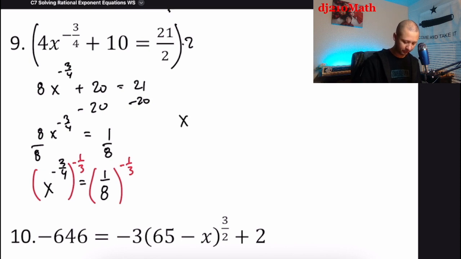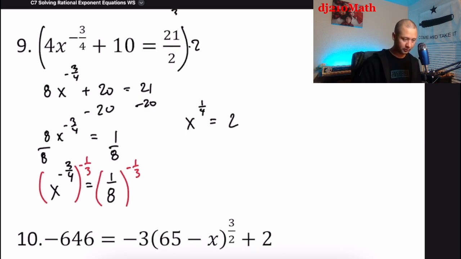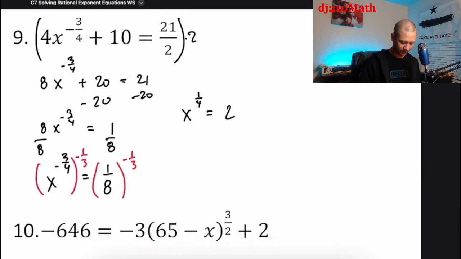All right, x to the 1/4 equals cubed root of 8. Cubed root of 8 is 2. It's negative, so 1/2. I'm going to make the negative positive, so it's just 2. You see what I'm saying? 1/8 to the -1/3 power is basically 1/2. But because the exponent is negative, use the reciprocal, like we flip it, and then it just becomes 2.